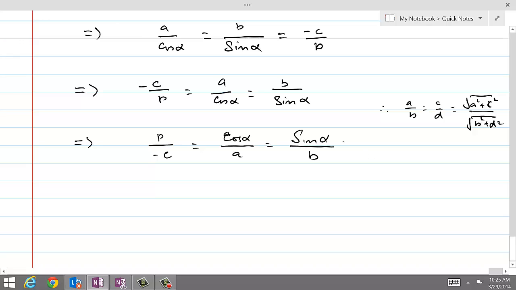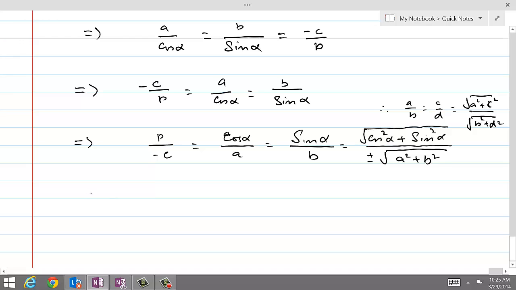So this is what we are going to use, and this will give us cos square alpha plus sine square alpha over plus minus a square plus b square. The value we will take plus or minus depending upon the sign of c.